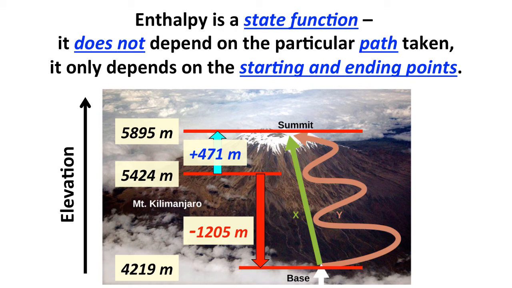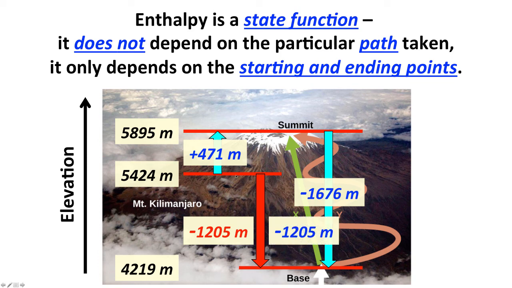They've gone up 471 meters from where they started, and then they head back to base camp, and they go down 1,676 meters in elevation to arrive back at base camp with a net elevation change of negative 1,205 meters, same as the group that headed right back to base camp. So these 2 paths had the same net elevation change because elevation is a state function. It just matters where you start and where you end up, not which route you take.